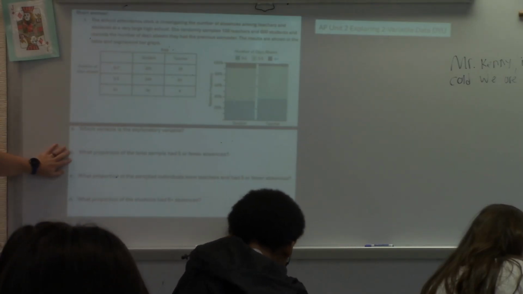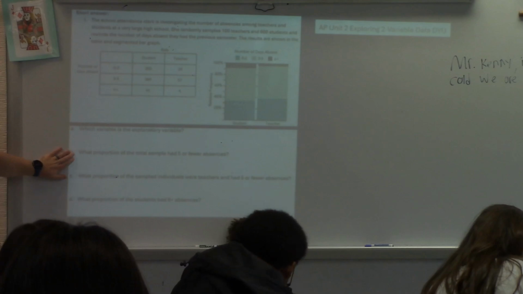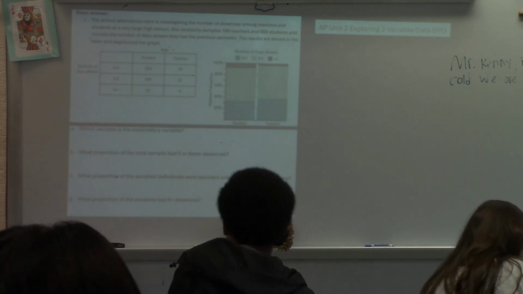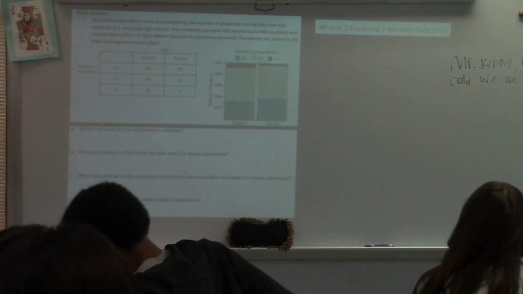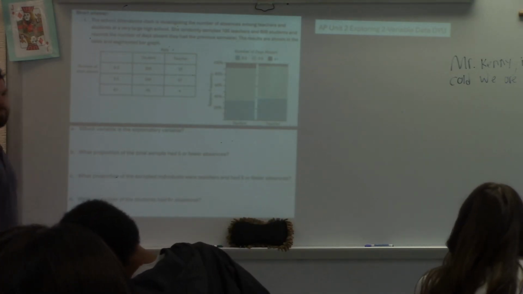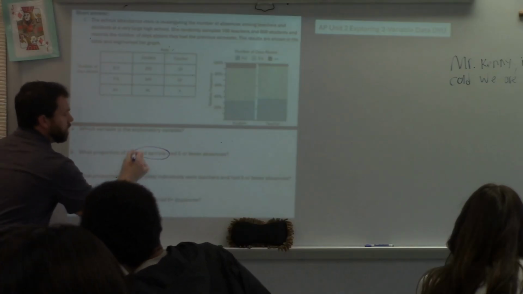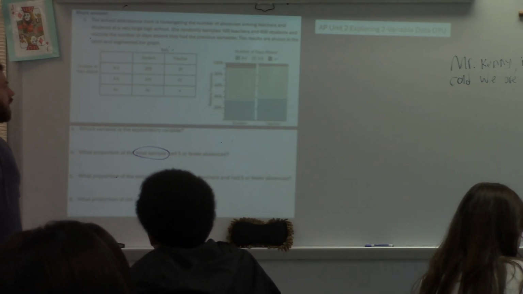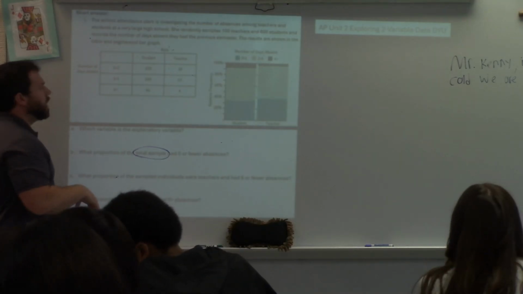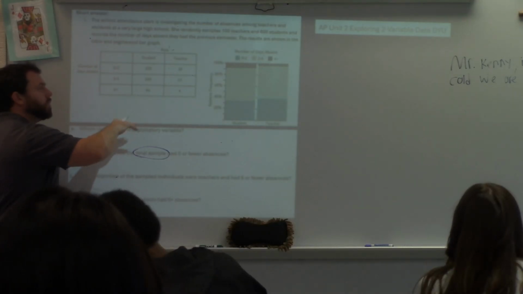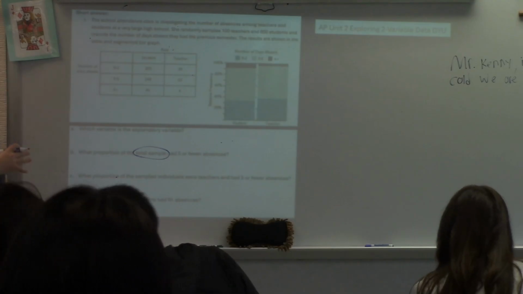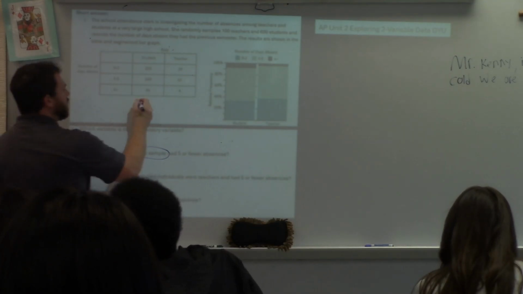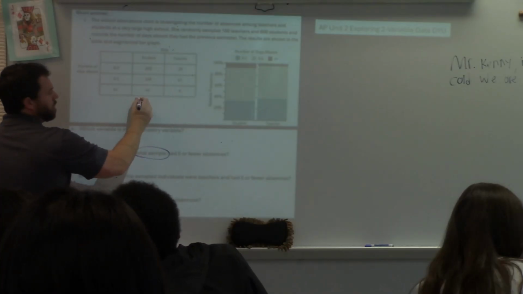When I asked what proportion of the total sample had 5 or fewer absences, okay, what do I need to look at? The X value. I need to look at total sample, right? And I need to look at 5 or fewer. And by the way, I didn't give this to you, but if I were you, I would always find those totals in the margins. Take that extra second, right? What was this sum? 600, that's right.